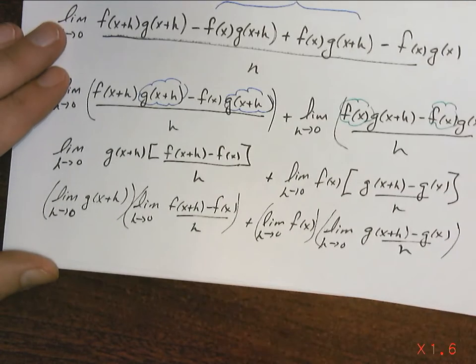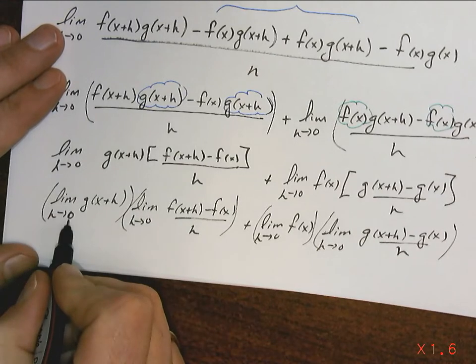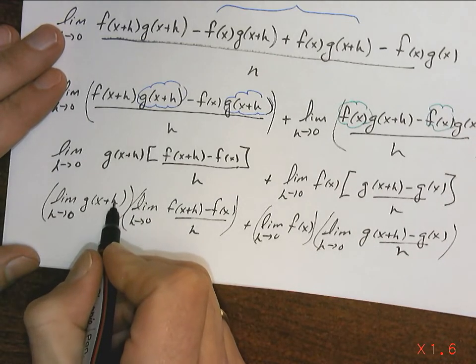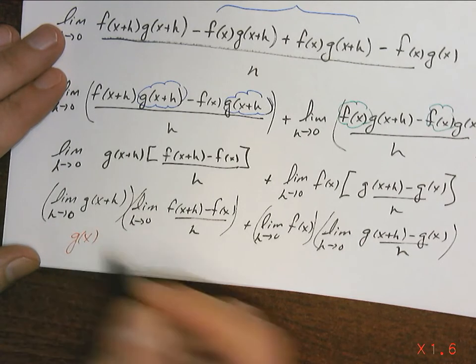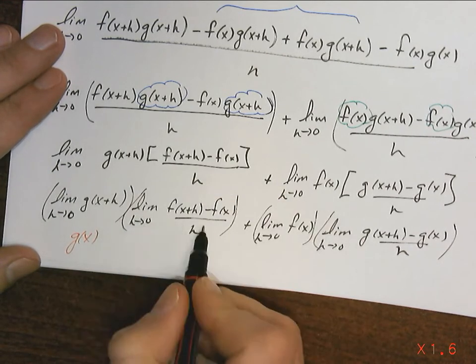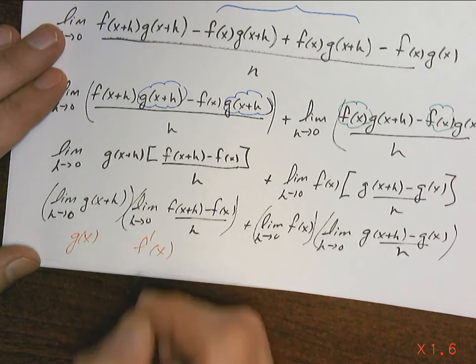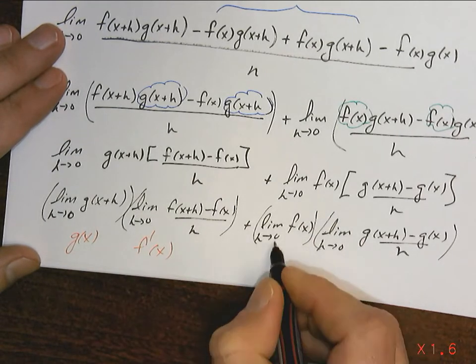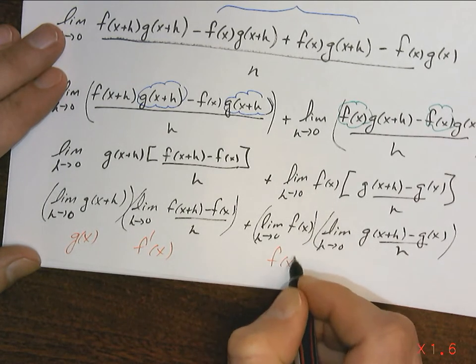And if you look really closely at this, and if you think for a minute, you're going to see that as h approaches 0, this is going to approach 0, so this whole limit is going to approach g of x. And this whole thing, you should know that that is in fact, by definition, f prime. And as h approaches 0, f of x just doesn't give a darn.